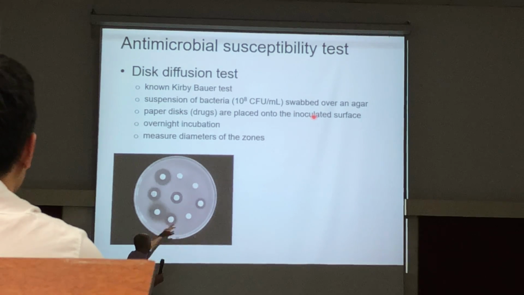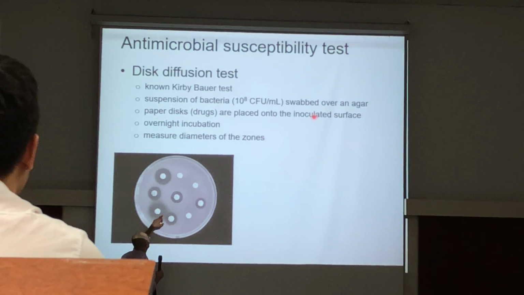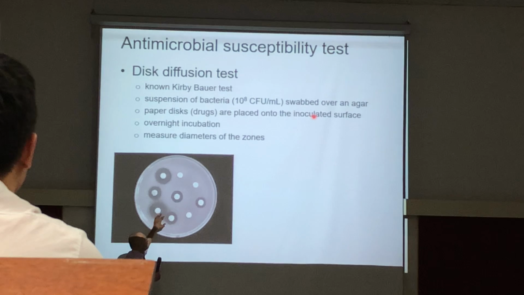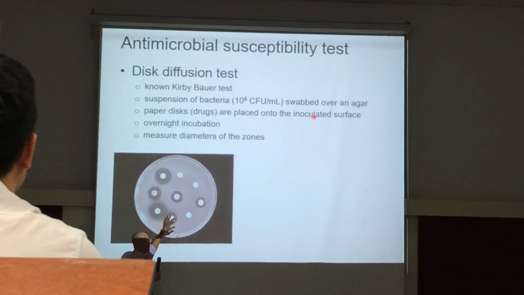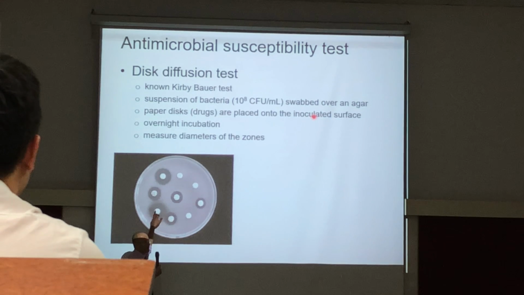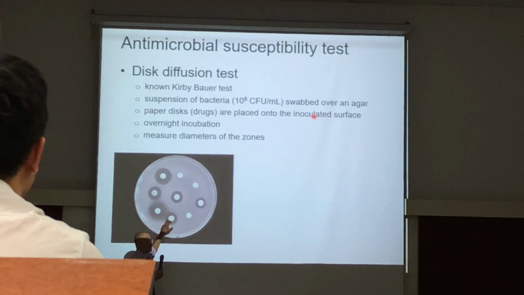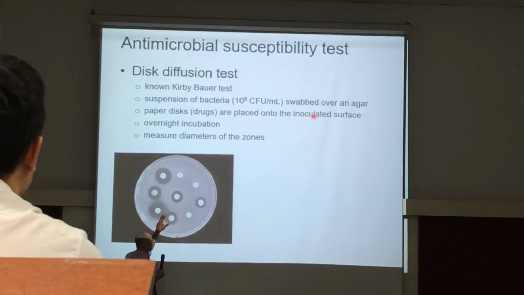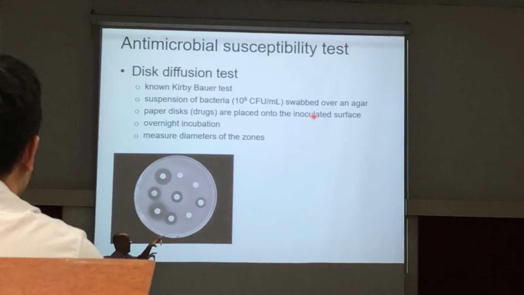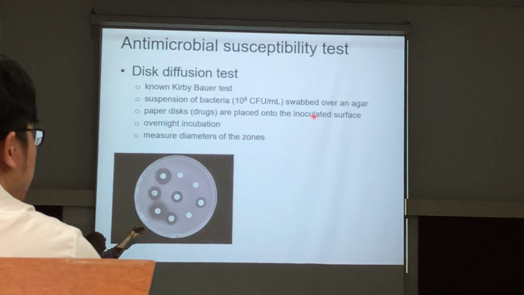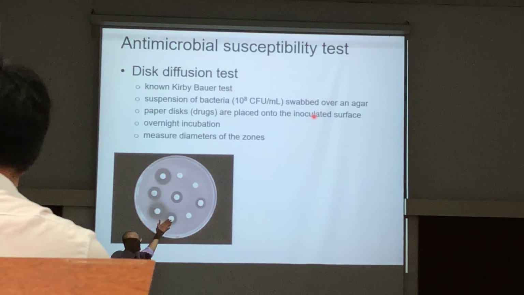After incubation, you can see here a sort of faded rounded shape. It means that here bacteria didn't grow. So according to how large this shadow is, you can calculate how many bacteria have been killed or have not grown.